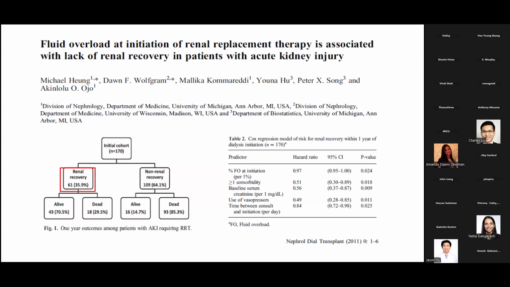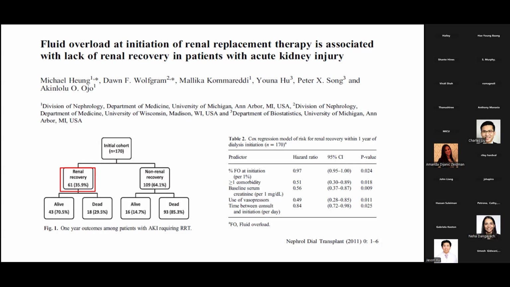That means that our decision to start a patient on RRT based on fluid management may have impact if we are a little bit more proactive in certain patients. Right now, of course, we have data from clinical trials that there is no reason to initiate proactively a patient on renal replacement therapy if there is no clear indication.